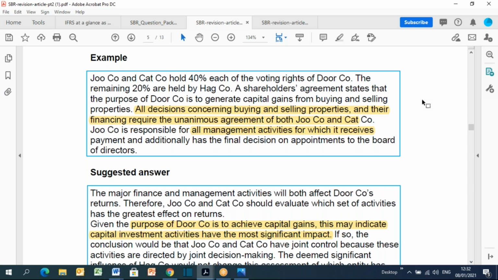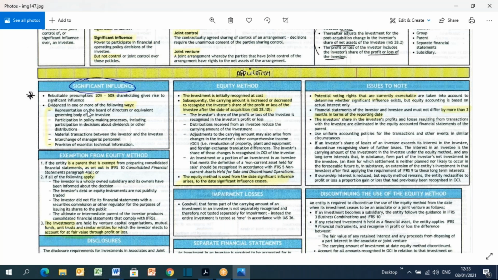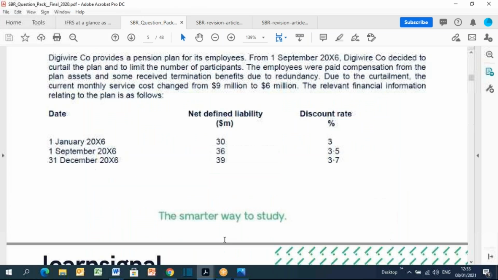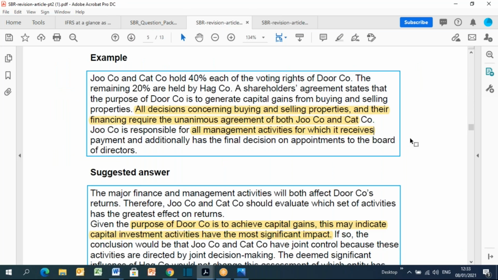So by reading this question, and by knowing IAS 28 and significant influence, you will straight away say that it has the right to appoint directors to the board of directors. So this company should treat this investment as an associate.